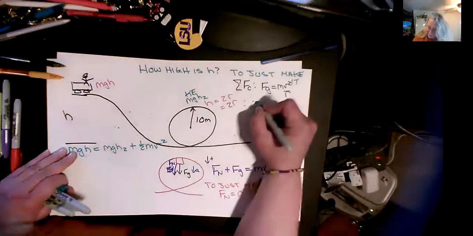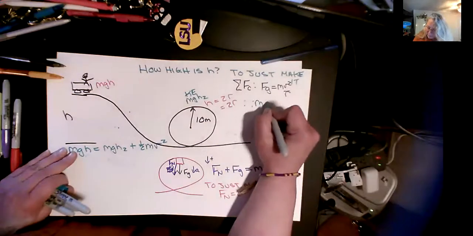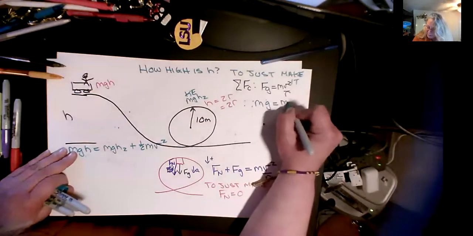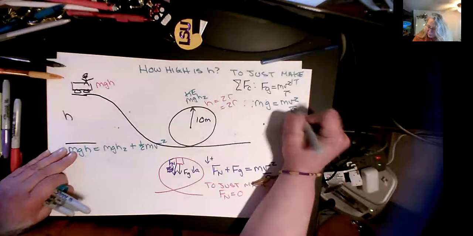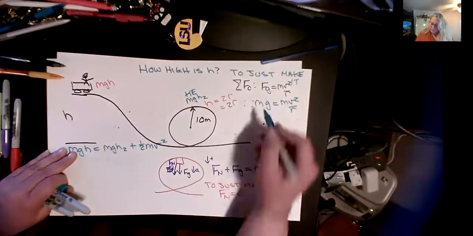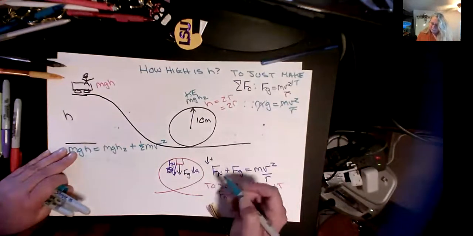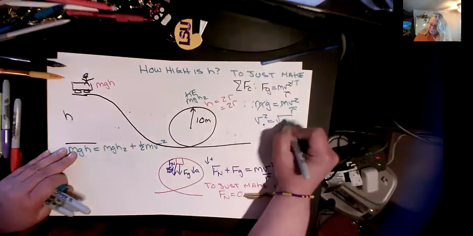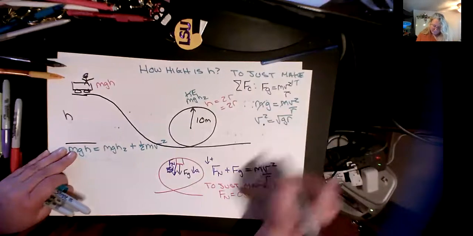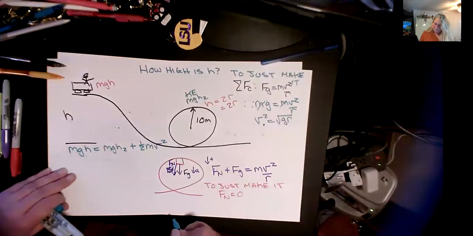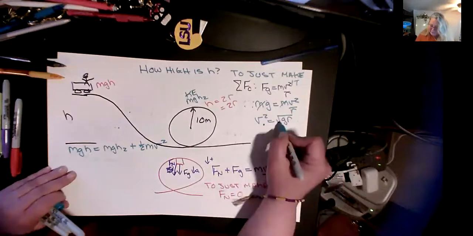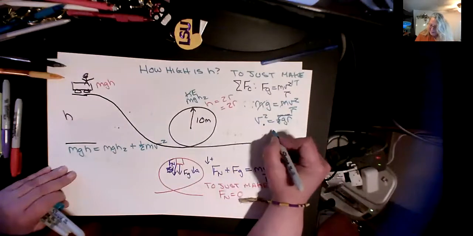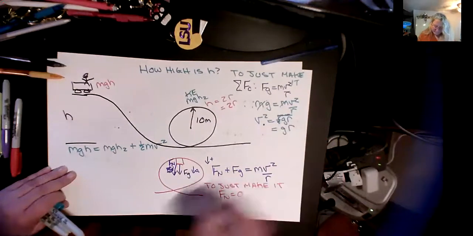So let's see. This thing here becomes mg equals mv squared over r. M's cancel. So v squared equals gravity times r. I skipped a step there.